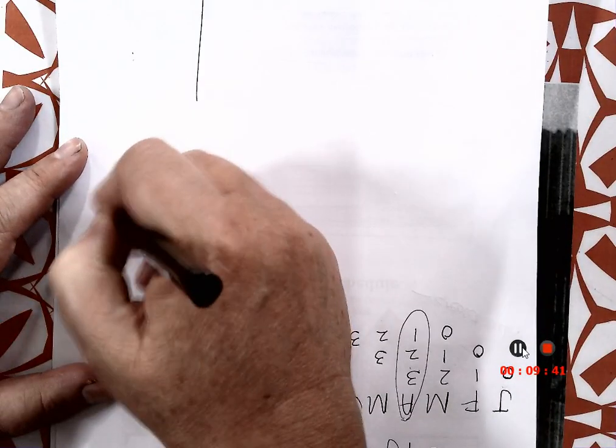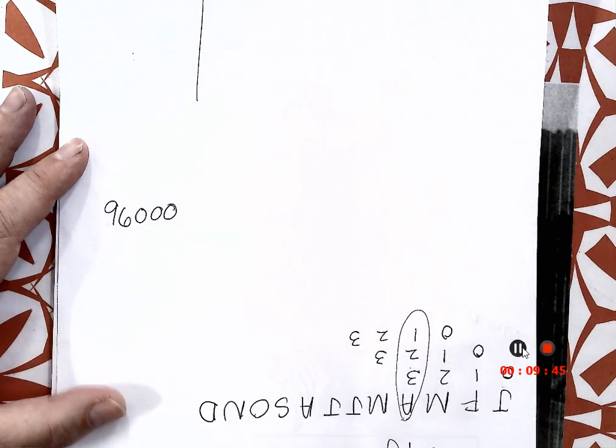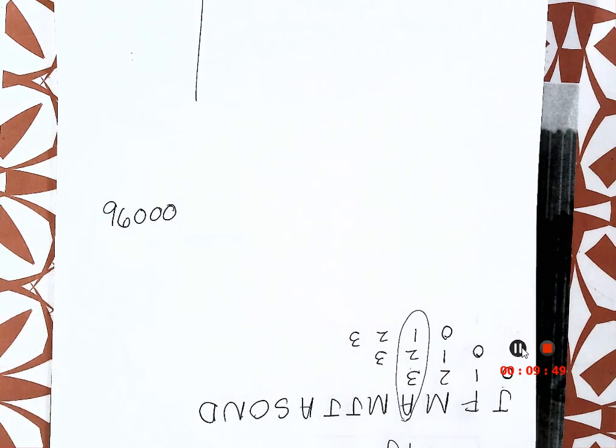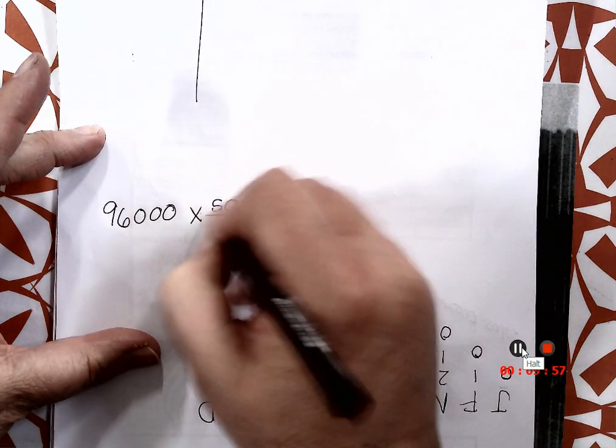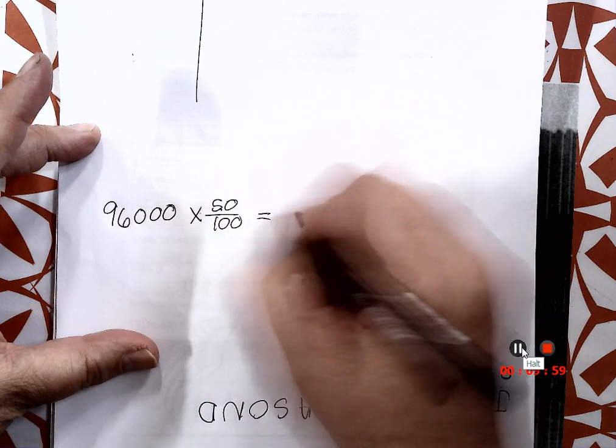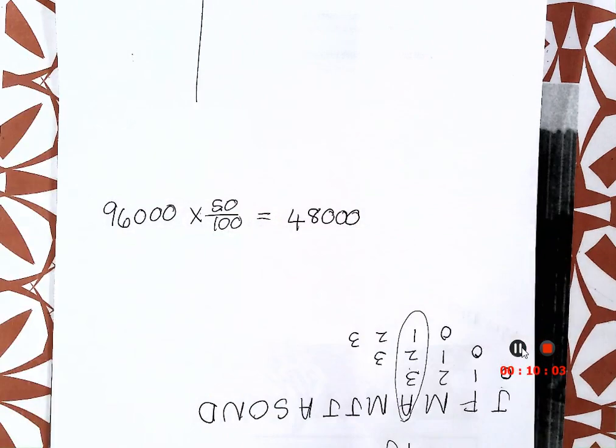So in September, I sold 96,000 on credit. I know in September, 50% of my debtors are going to pay me, meaning I'm going to get 48,000. But remember, in grade 10 I taught you, how do I get debtors to pay faster?